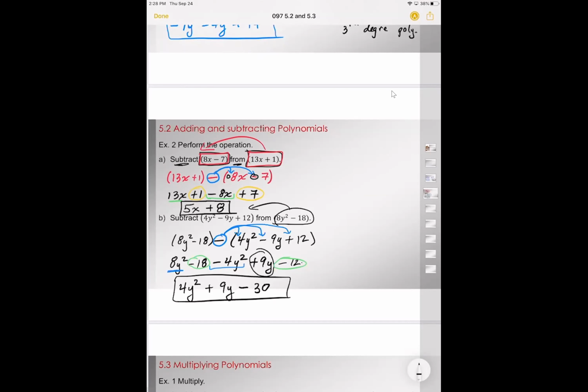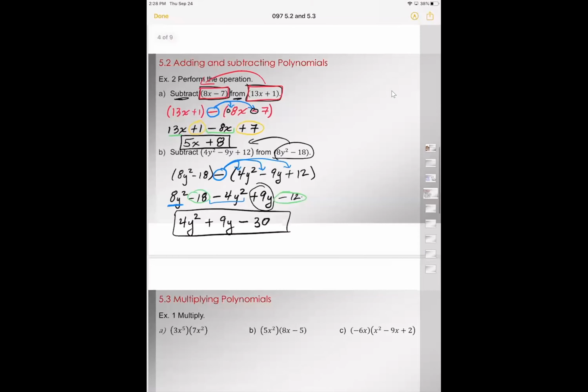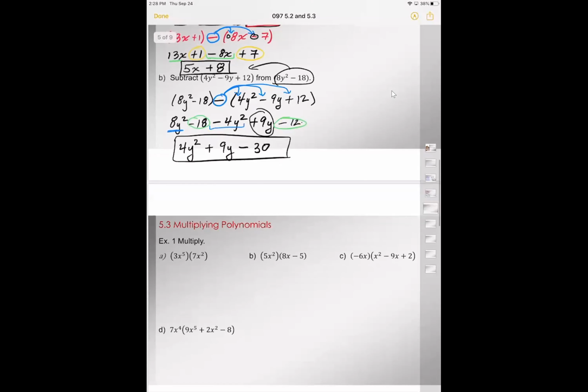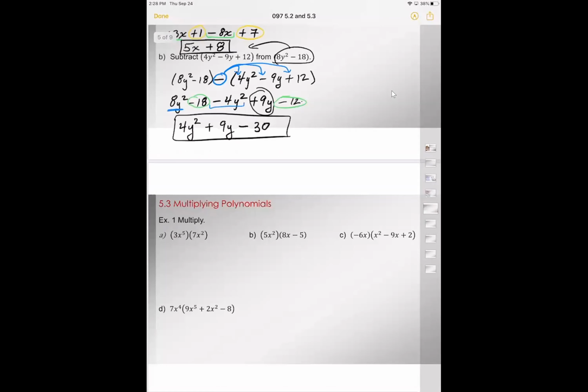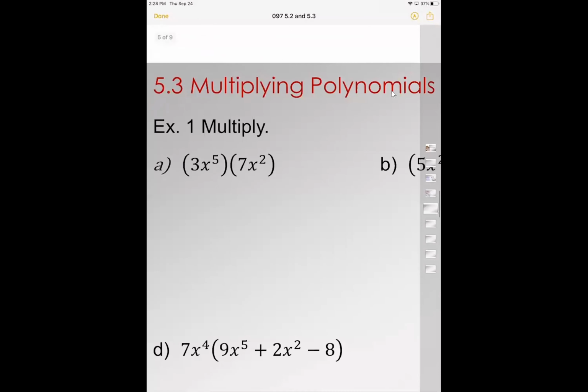And that is all 5.2. Addition is easy, subtraction is still easy. It's just that you need to change the sign before you can combine them, okay? But in short, to add or subtract, your goal is you just combine like terms.